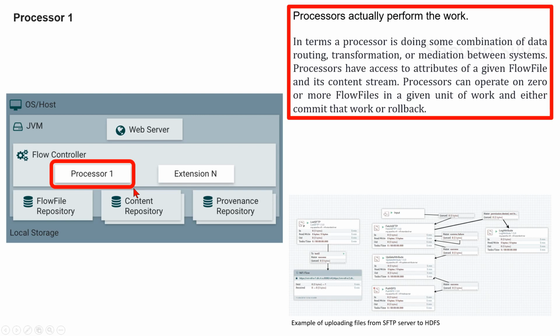Processors can operate on zero or more flow files in a given unit of work and either commit that work or roll back. Here you can see an example of uploading files from an SFTP server to HDFS.